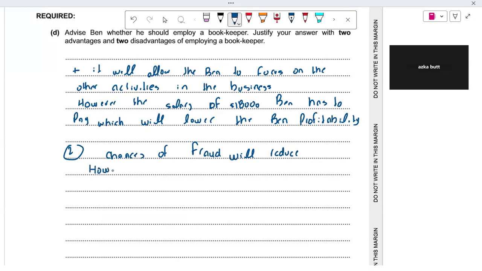However, problems will occur to hire the bookkeeper.